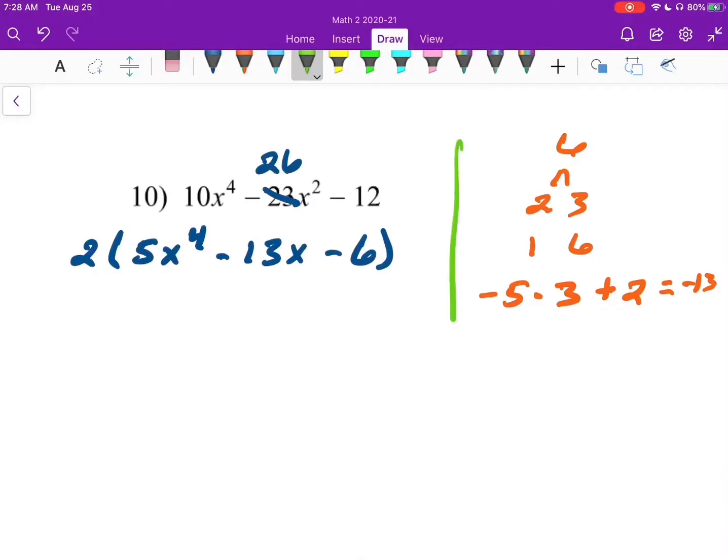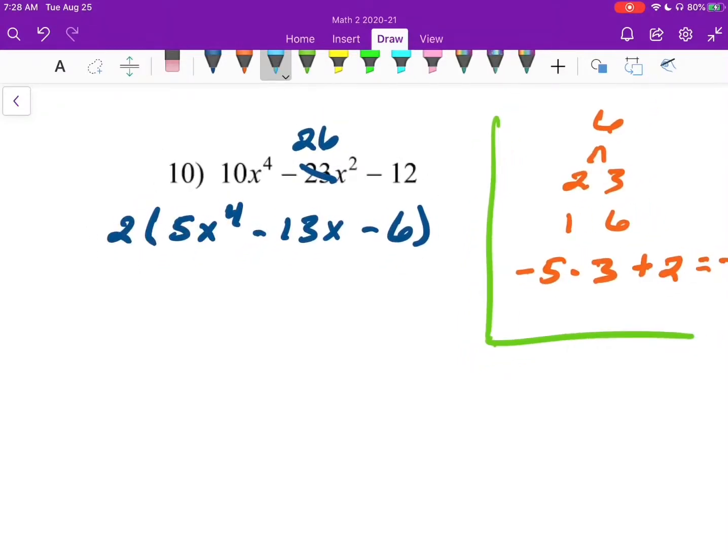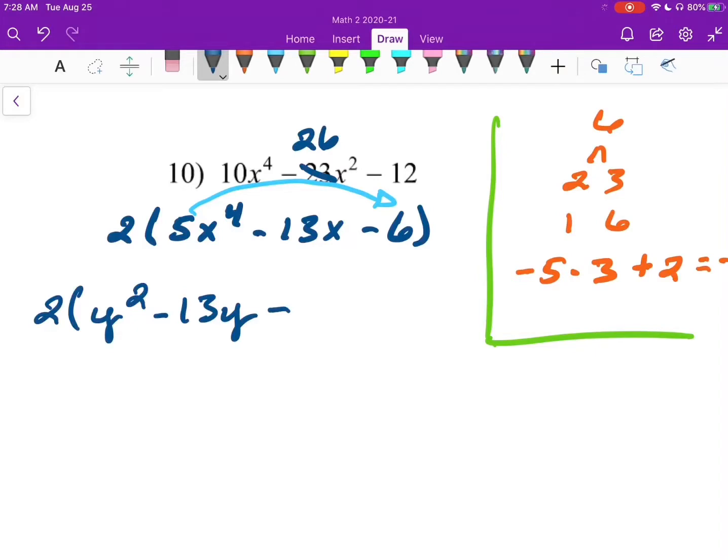But just because I want to show you is the slide and divide. So we're going to slide the 5 over. So we have 2. And I'm going to change this into y squared minus 13y minus 30.